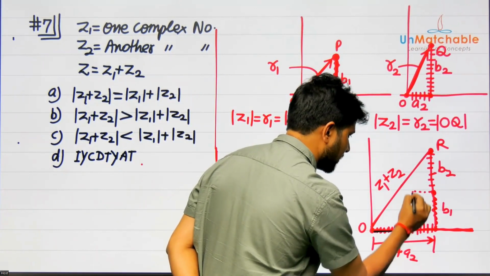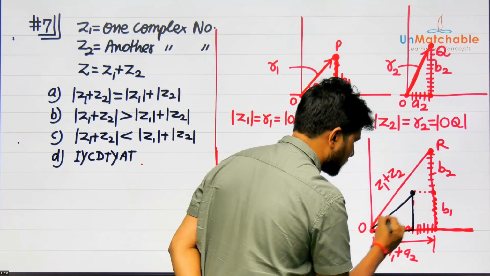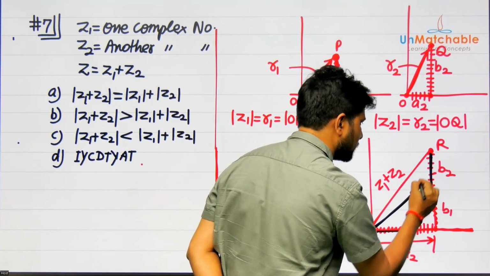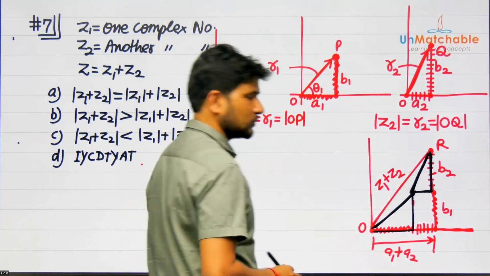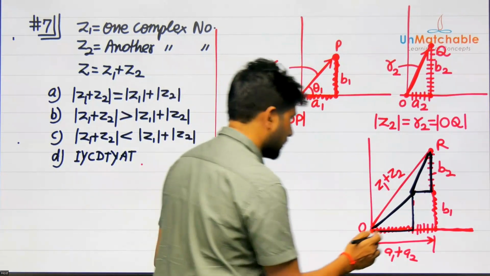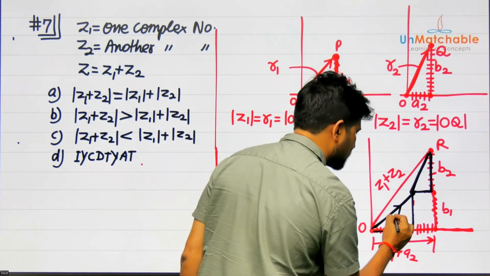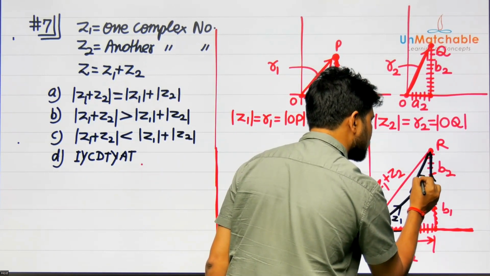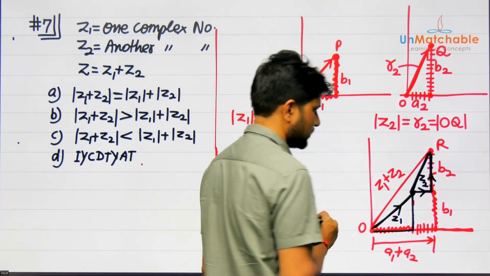A1 plus iB1, this is representing Z1. And A2 plus iB2, this is representing Z2.